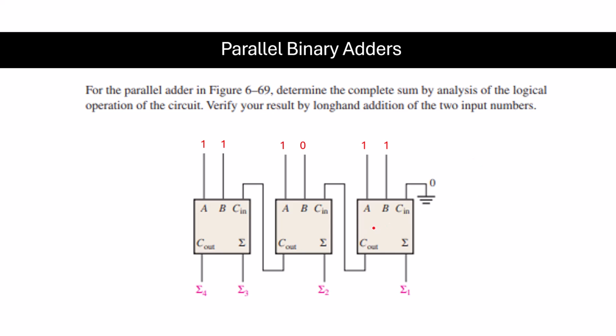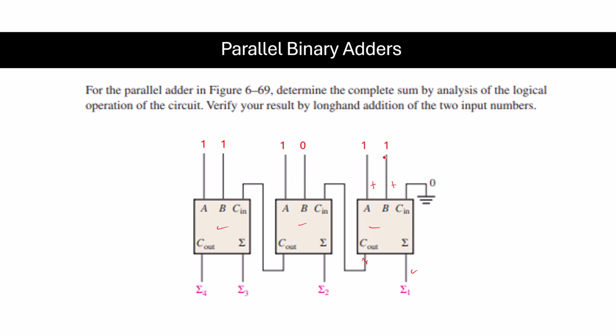So we have here three full adders, and the full adder, as we know, works by adding the inputs, the first, the second, plus the carry in, and produces the sum here. And if there is a carry, then the carry will be propagated through this line for the next phase.